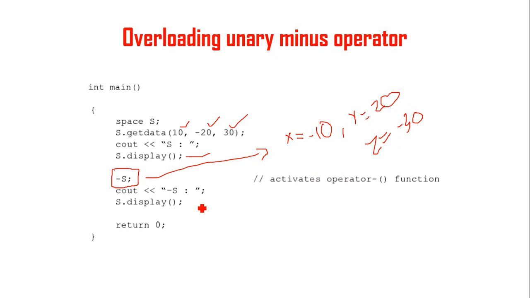When you display it, you will get x is equal to minus 10, y is equal to 20, z is equal to minus 30. Understand? That's the power of overloading operators. We can overload the operators without changing the syntax and by modifying the semantics as per the requirement. Okay, thank you.